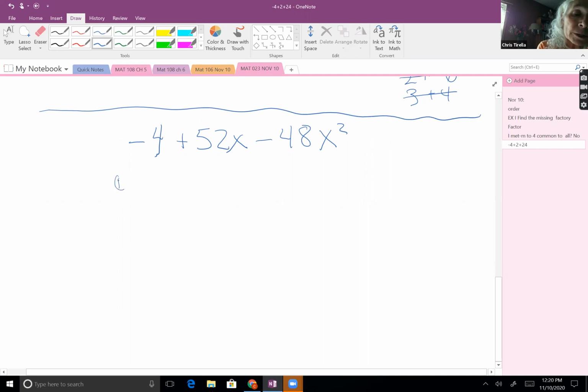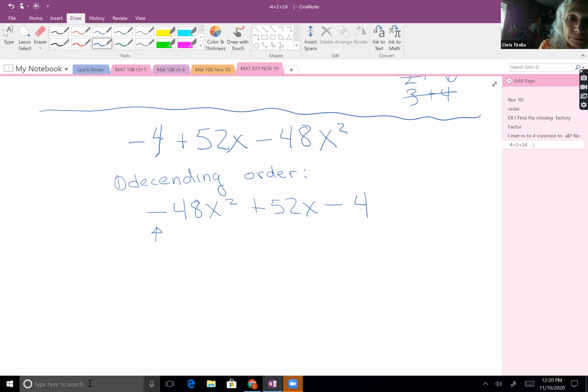So let's first put it in descending order. So that would start with the -48x squared plus the 52x minus the 4. Then we're starting with a negative. So we want to take out a negative common factor.